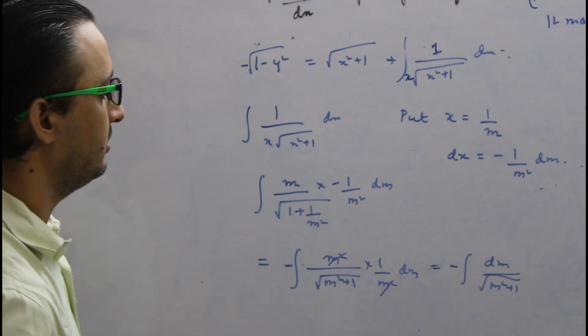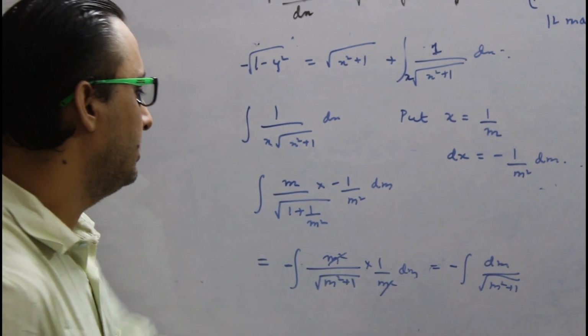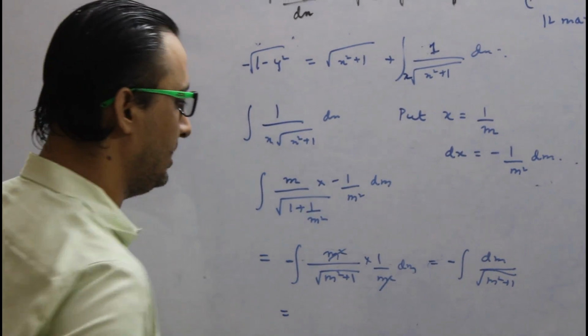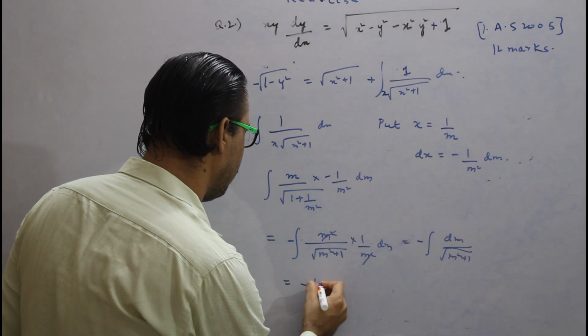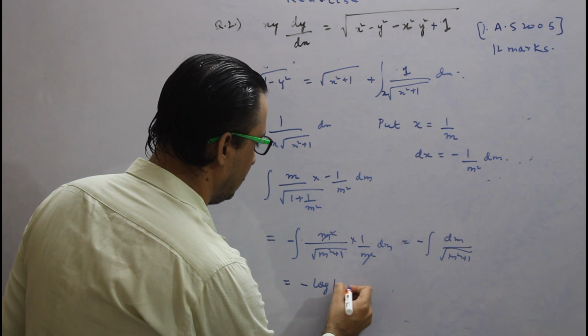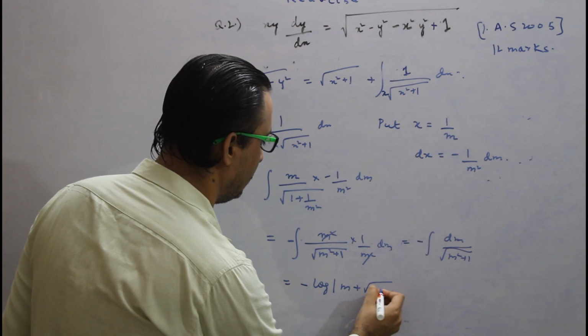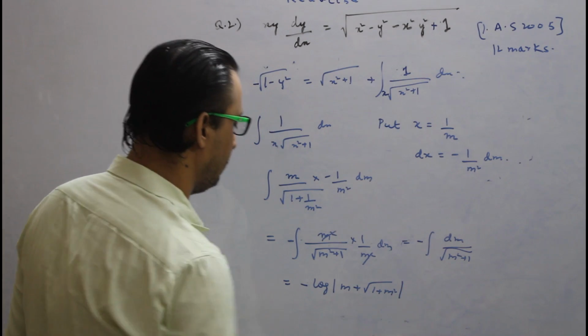So this is the standard result that we can write of this integral, that is minus of log m plus under root 1 plus m square.